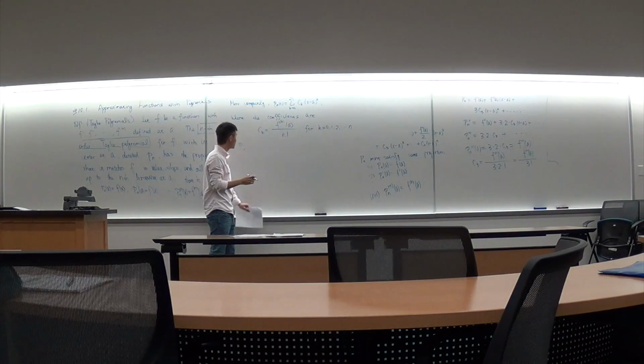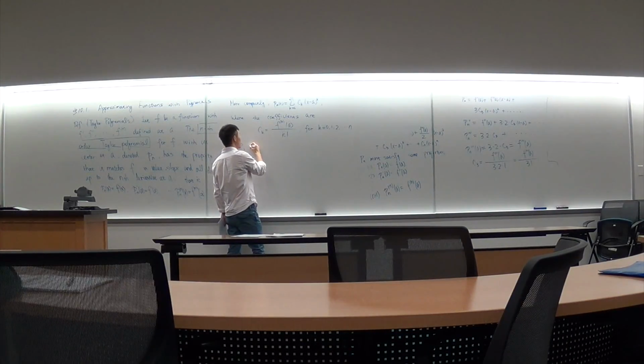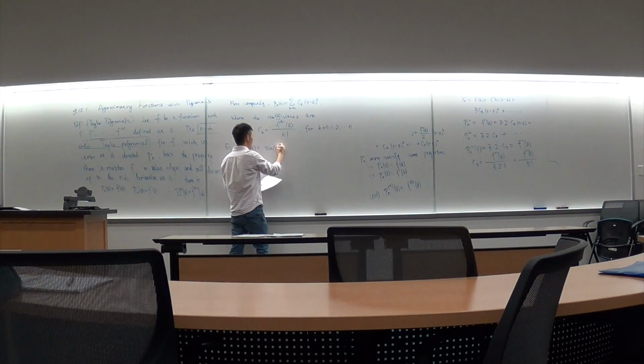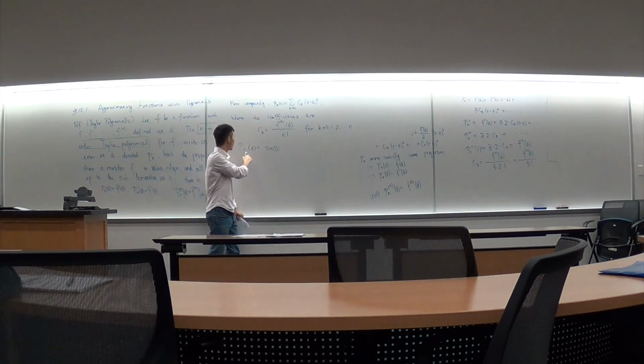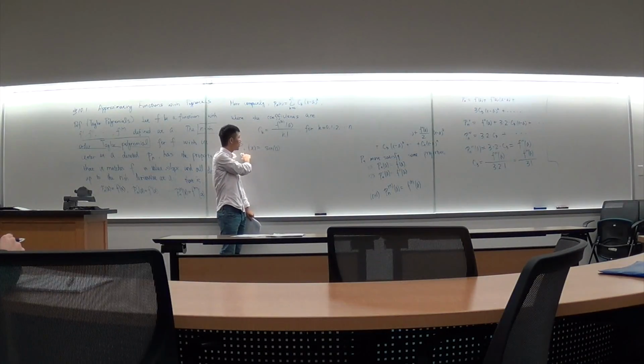All right, so in order to find the P sub 1, what do we need? So P sub 1 of x is equal to sine of 0, right? So we're looking for the first order Taylor polynomial, centered at 0. So the constant term of this polynomial is simply the original function evaluated at the center, which is 0.